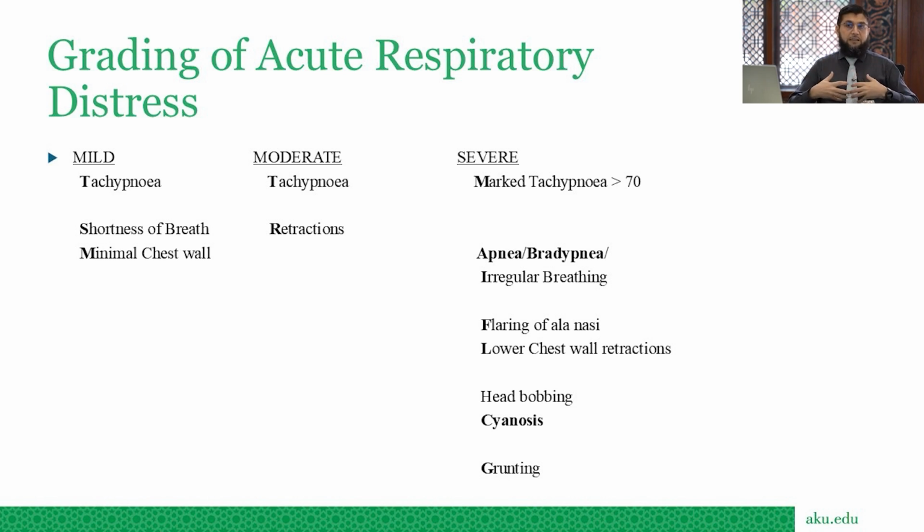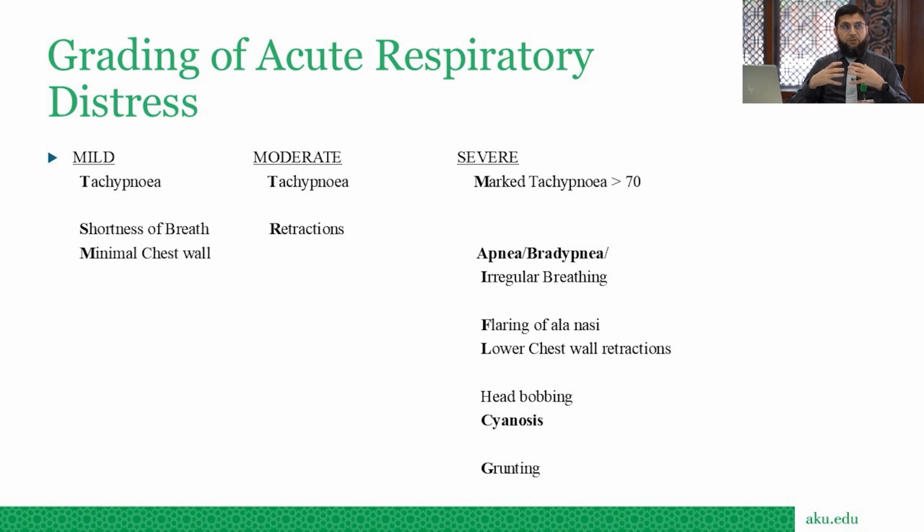The tidal volume remains the same, but the respiratory rate increases, the patient becomes tachypneic. That is the first initial sign by which you need to identify that there is a pathology ongoing, either a lung pathology or a systemic pathology.